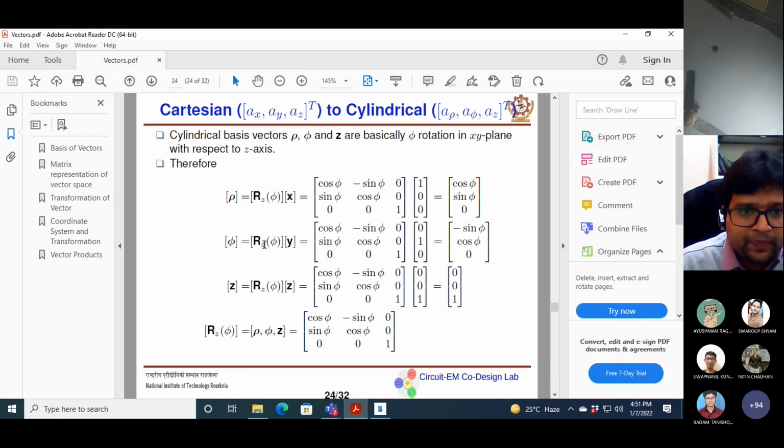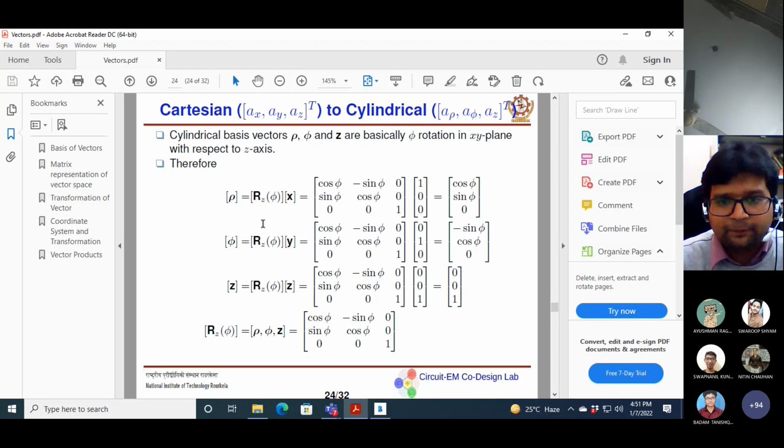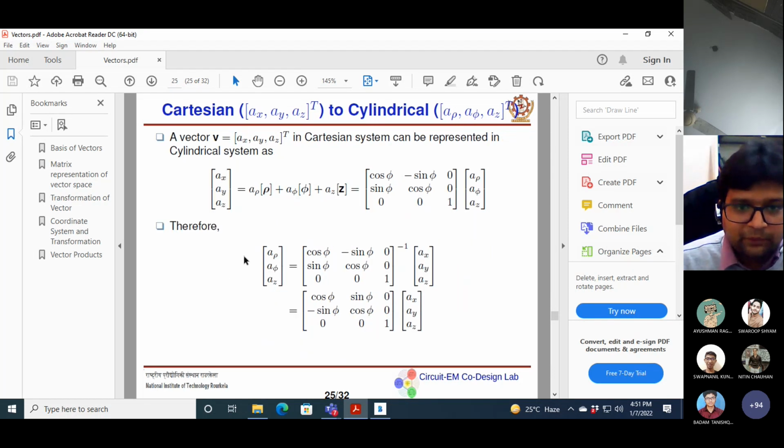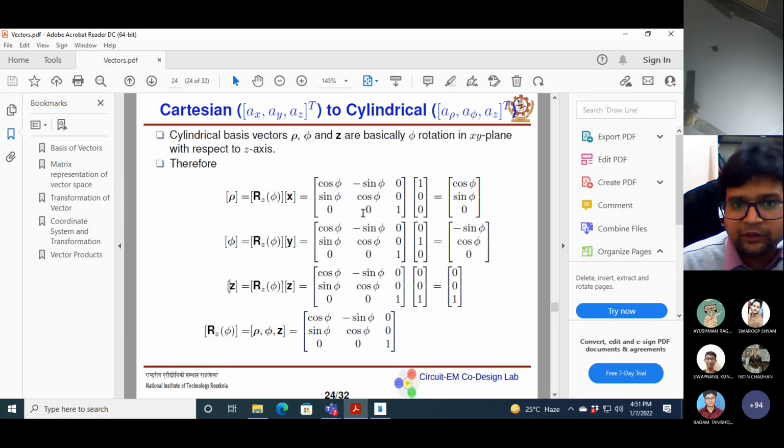Please note that rho, phi, and z are the unit vectors in the cylindrical system. We'll see how the vector transform is different. The vector transform and the coordinate system transform are a little bit different, so you have to be very careful here.